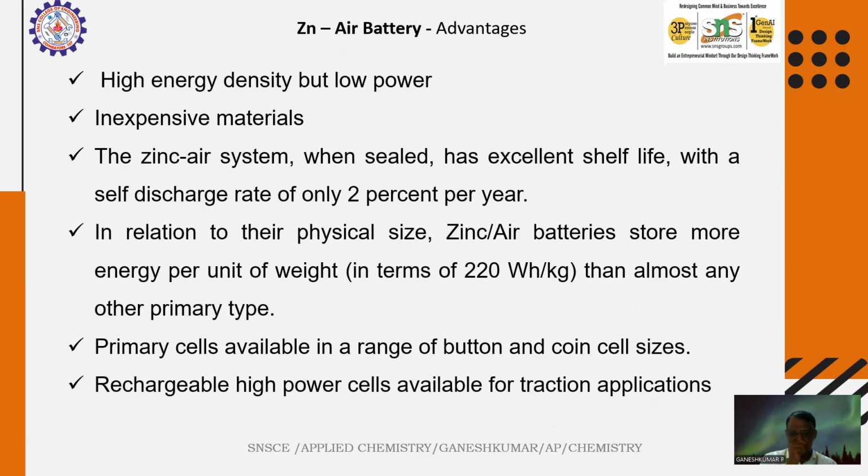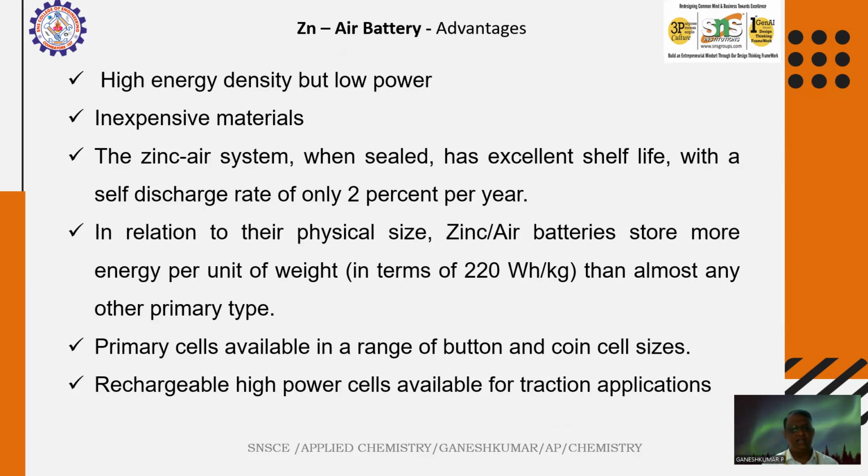Usually primary batteries have a higher self-discharge rate, but it is very, very low for the Zinc-Air Battery. In relation to physical size, the Zinc-Air Battery stores more energy per unit of weight than almost any other primary type. Primary cells are available in many shapes, from button to coin size to battery size.